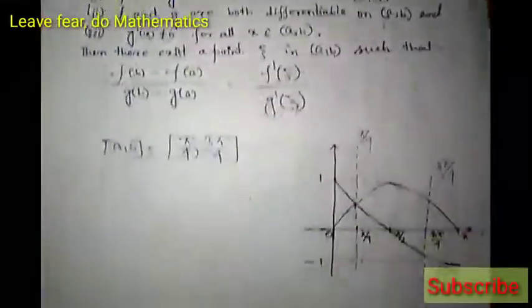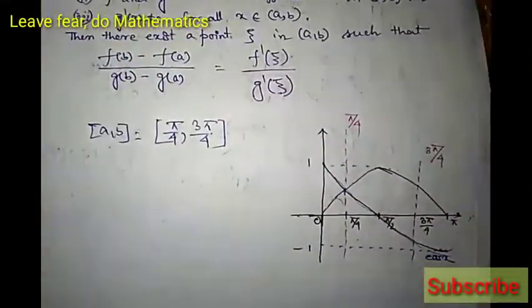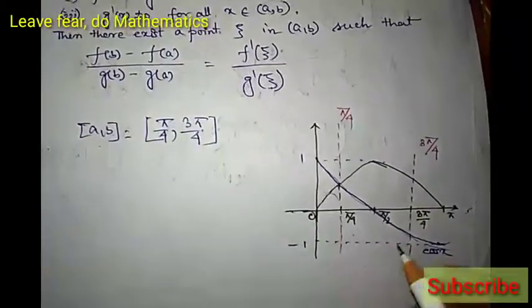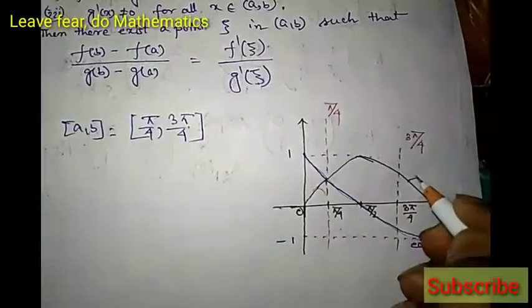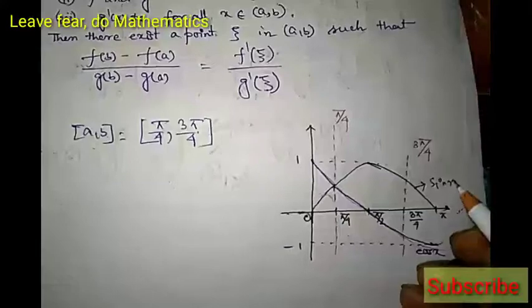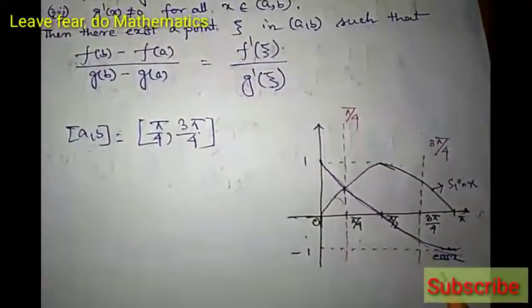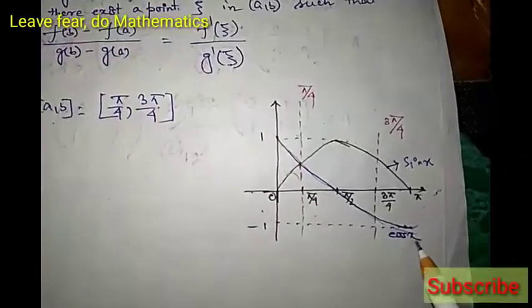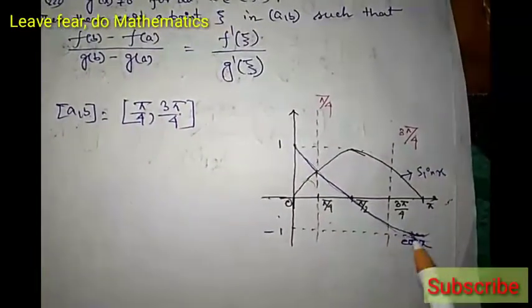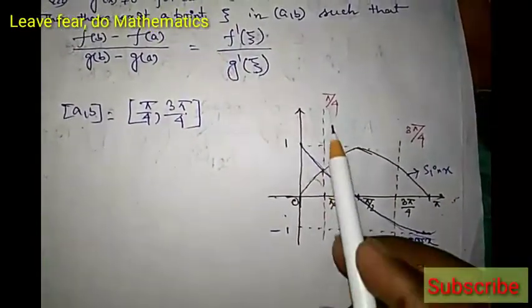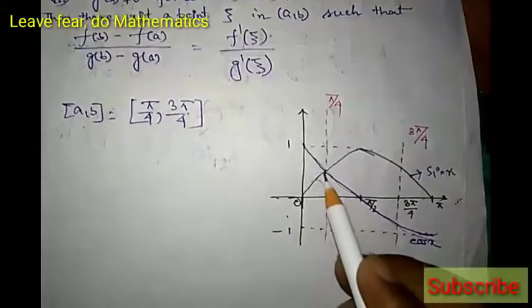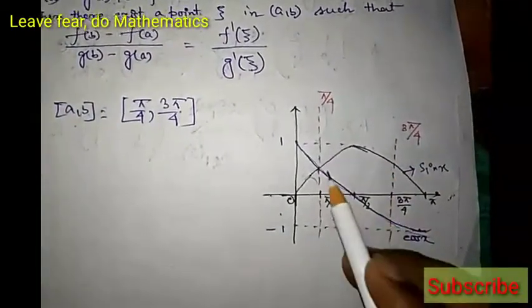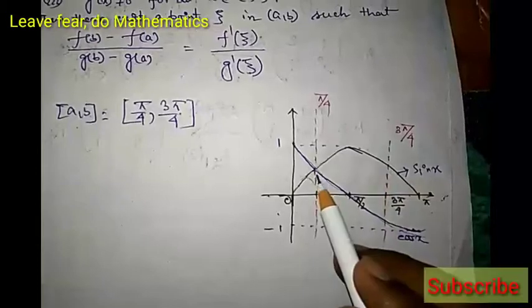Now let us have a look at the graph of the functions f(x) equals sin x and g(x) equals cos x. The function in black is sin x, the graph of sin x in the closed interval [0, pi], and the graph of cos x in the same interval is given in the blue line. Now we need to look at the functions in the interval [pi/4, 3pi/4]. This is the area where sin x is this and cos x is this.